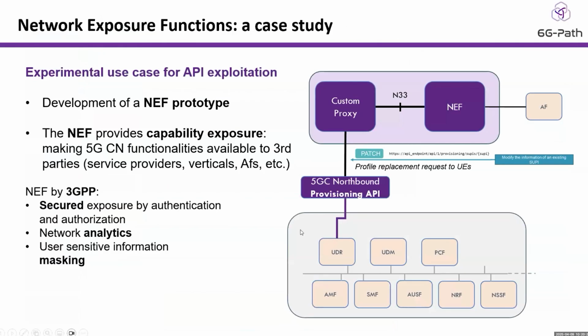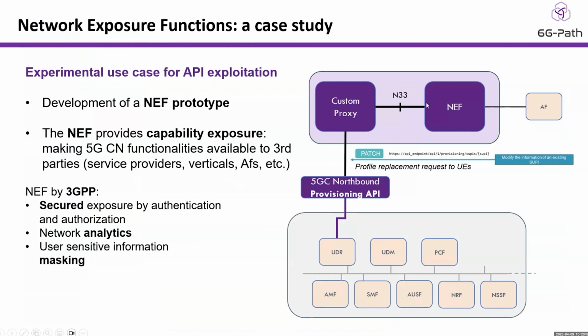And a particular use case, one way, let's say, we found to develop something that is interesting, some of the API that we provide in this case is our lab implementation of a network exposure of the network, which basically exposes certain capabilities of the core network.